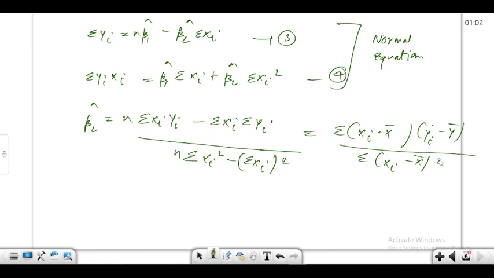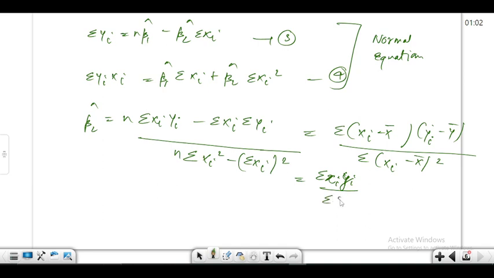Okay, so this turns out to be summation small xi small yi upon summation small xi whole square. I'll tell what small xi and small yi represent here.